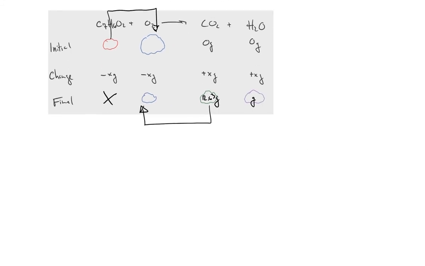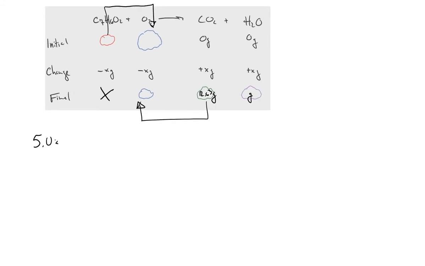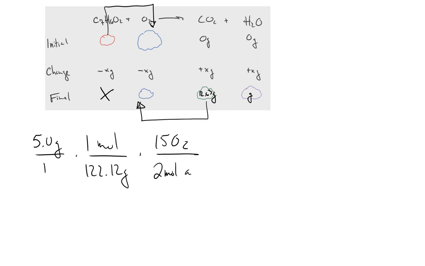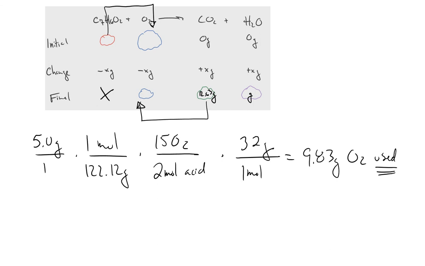Leave the diagram on the screen. So again, I know that I started off with 5 grams of benzoic acid. I'll convert that to moles, and then do a mole-to-mole ratio to oxygen. This will tell me the number of moles of oxygen that reacted with all 5 of those grams of benzoic acid. Convert it to grams, and I find that 9.83 grams of O2 were used, or 9.83 grams of O2 reacted with all 5 grams of that benzoic acid.